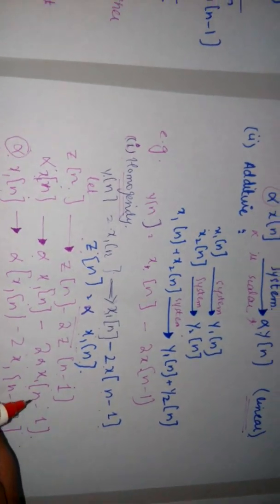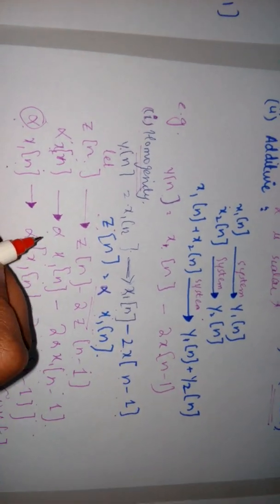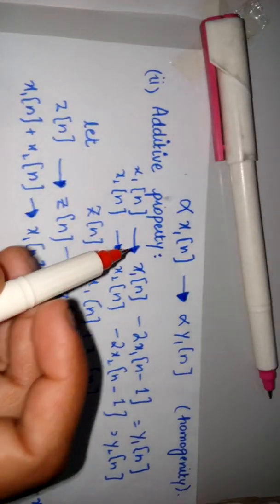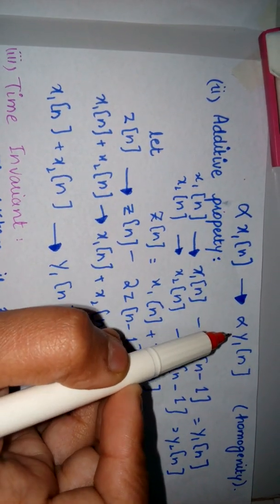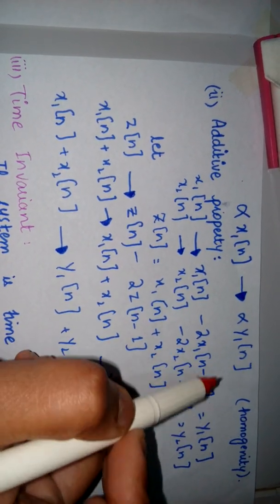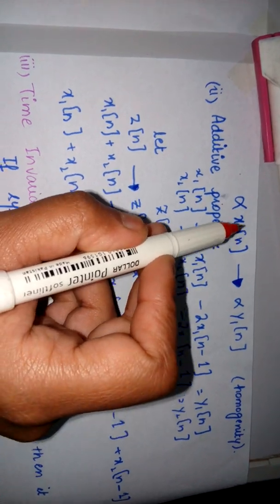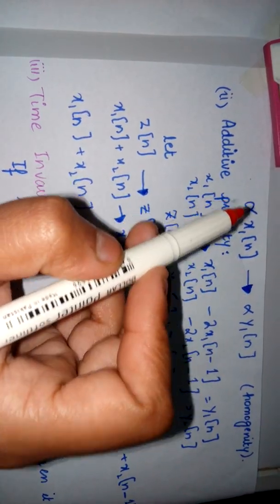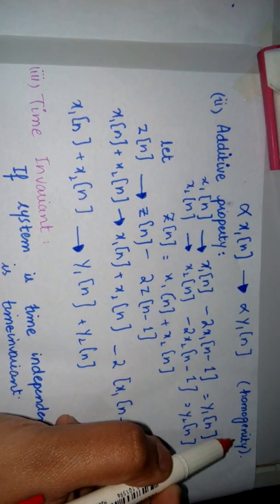If I take alpha common, then it becomes alpha of y1 of n, which actually proves that it is homogeneous. Multiplying the scalar factor, if it factors out, then it actually shows that the system is homogeneous.